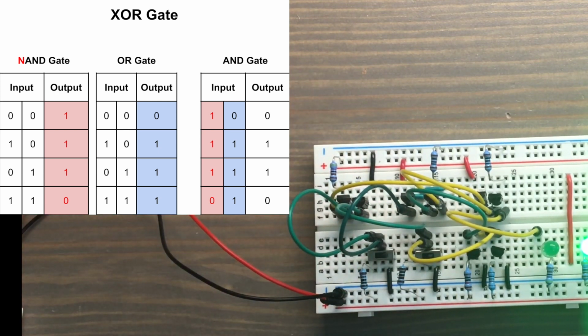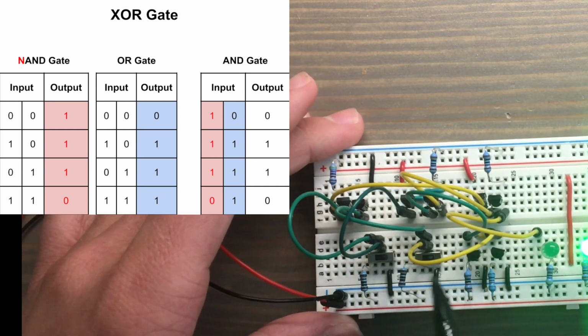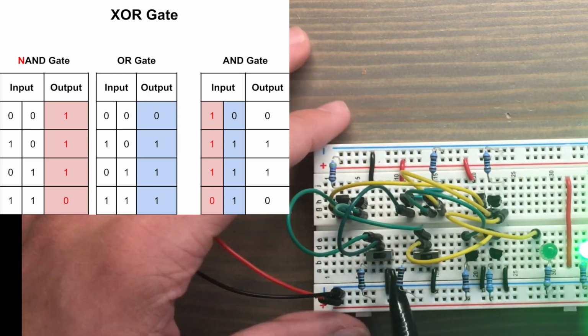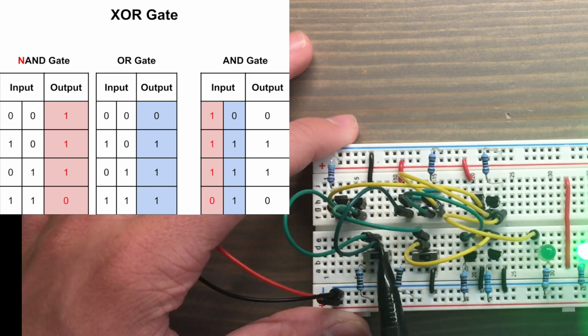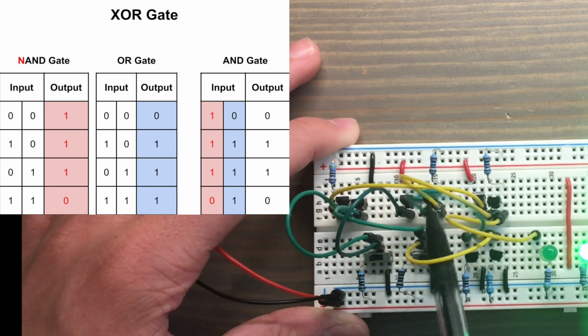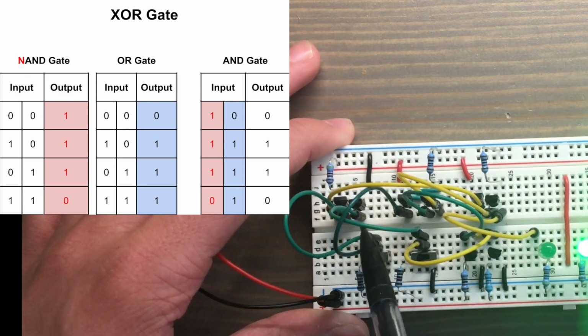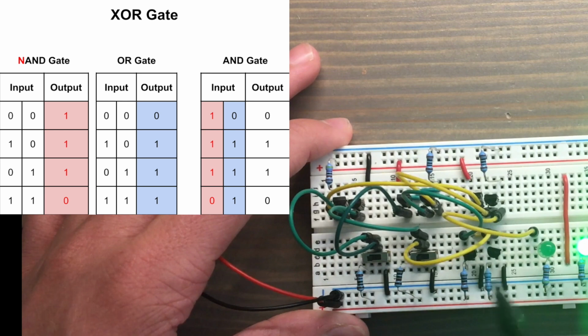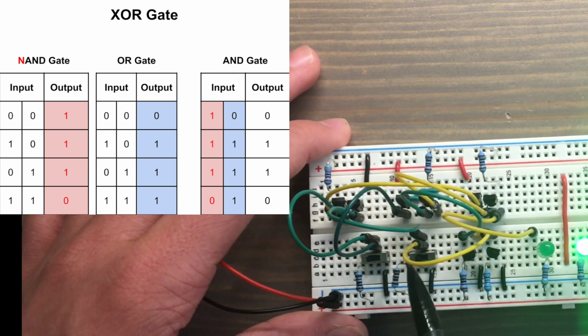And how a NAND gate works, it's always on except if both of the inputs are on. So that's how the AND functionality is removed. So if both of these are on, then even though this OR gate's output is powered, the output of the NAND gate is not powered going to the AND gate, so the LED remains off.